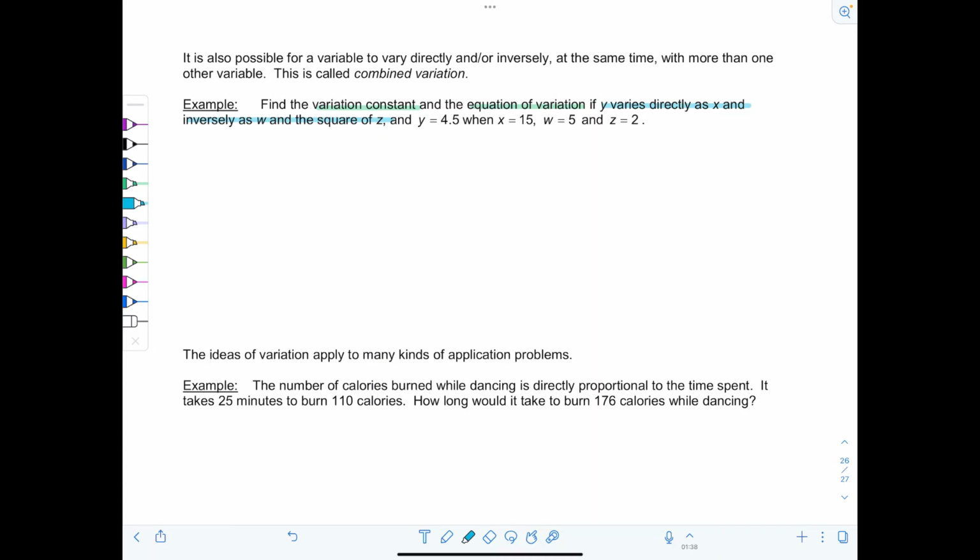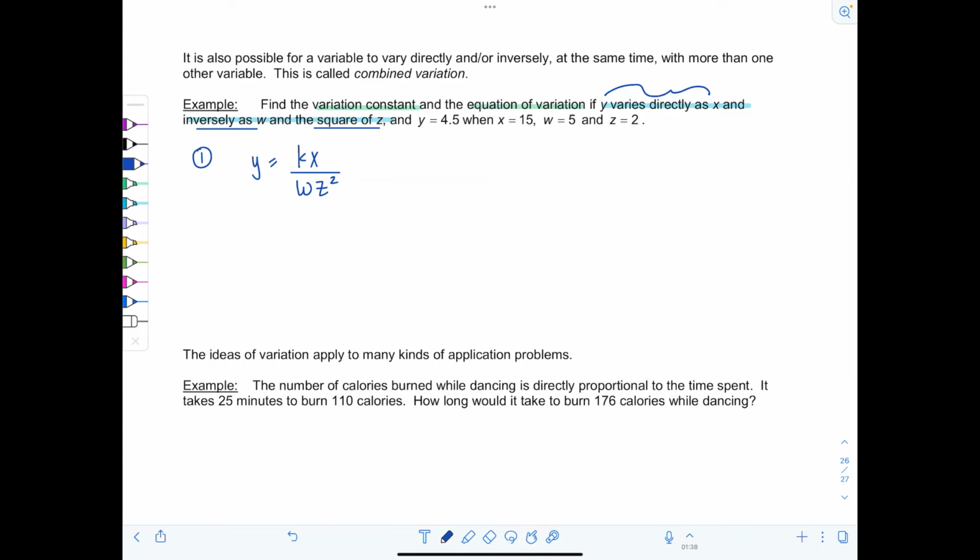So let's write out the generic model. So y varies directly as x. That's going to be represented by y equals k times x. And inversely as w and the square of z. So in the same formula, you're just going to put over w and z squared.